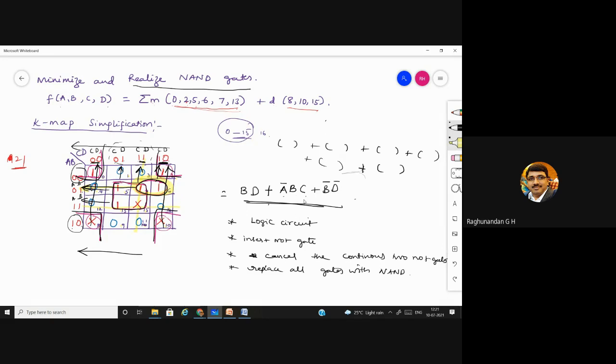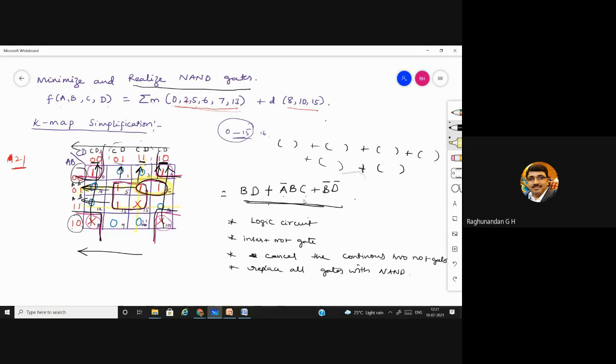But what happened earlier? When you had two rows, we were comparing the two rows and taking the common term out. But since you are having a single row here, can you compare anything? You cannot compare anything. You have to take whatever it is.